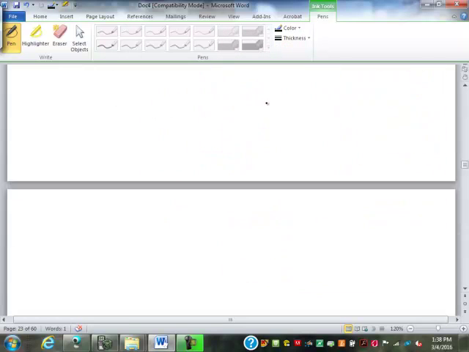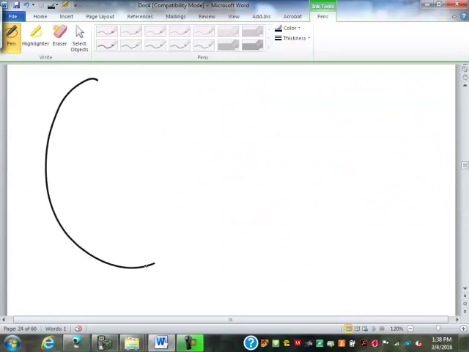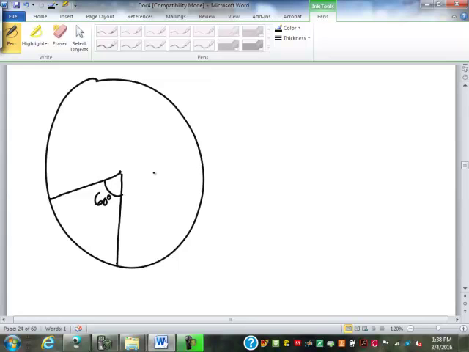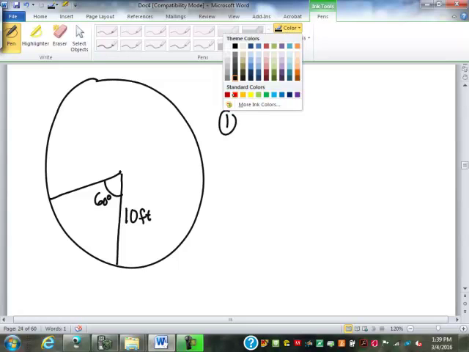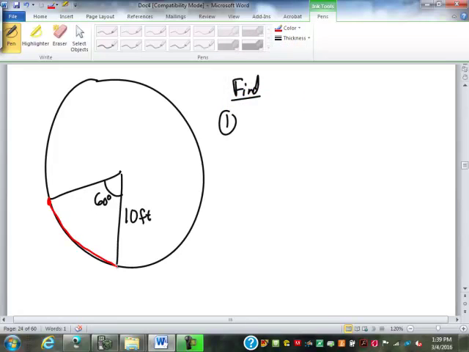Okay. So I'm going to throw this one out there for you guys to try. That's 60 degrees. This is 10 feet. Find one, I'll put this in red here so you know which arc length I'm talking about, the arc length.